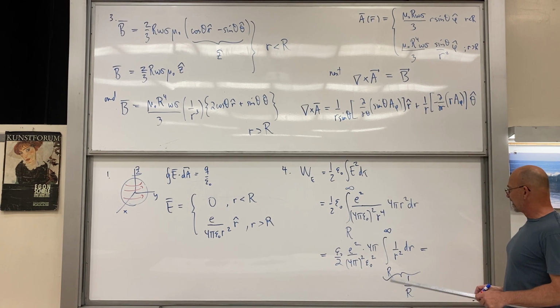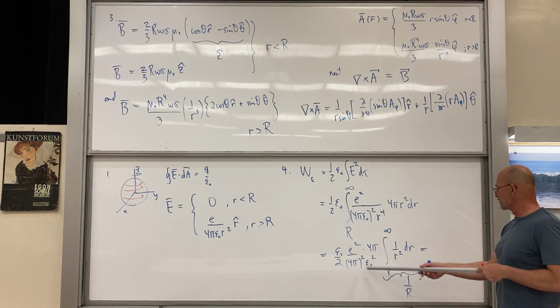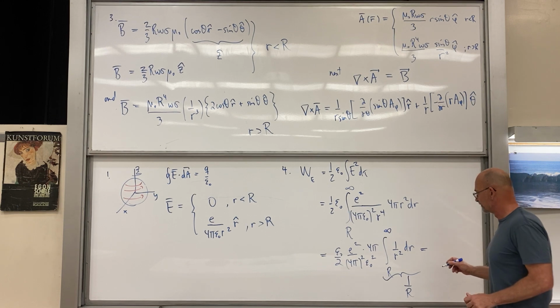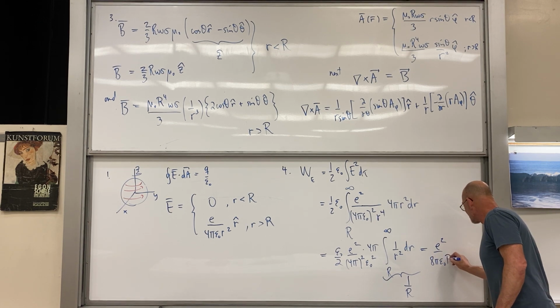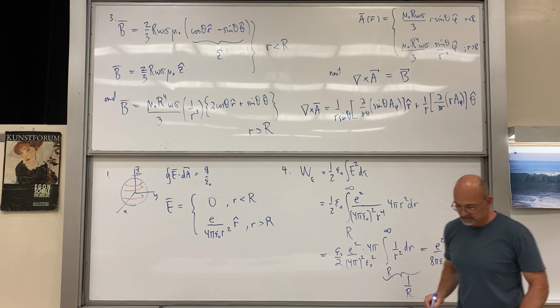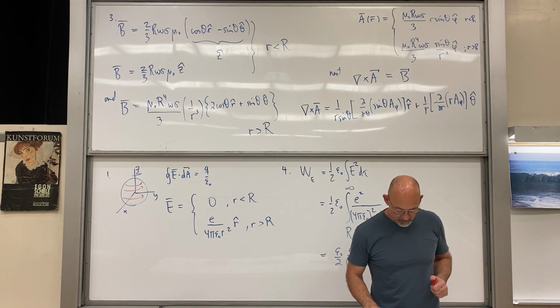So when the dust settles, cancel one of the 4 pi's, we got another 2 there, so we have e squared over 8 pi epsilon naught capital R. So there's our energy from the electrical half of the field. That was the easy one.